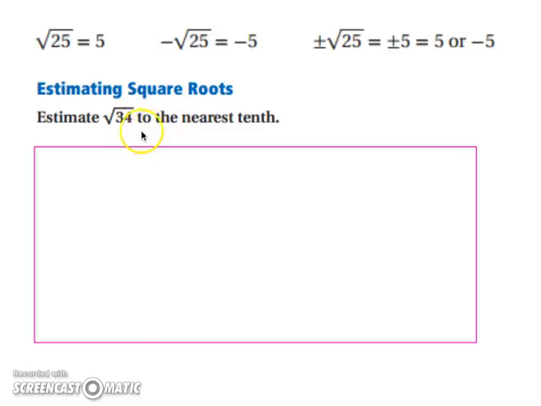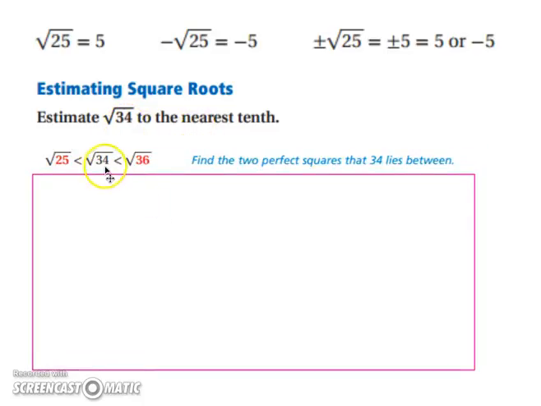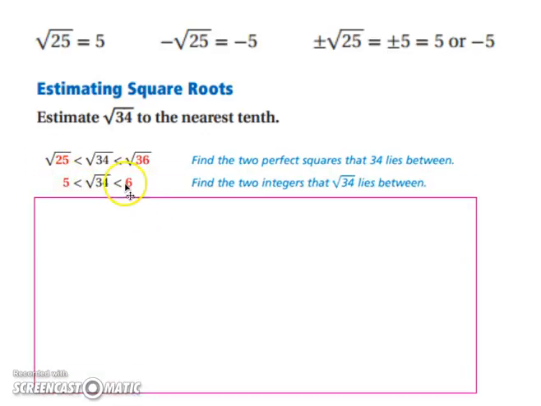Well, what's a perfect square that's smaller than 34? The square root of 25. All right, what's one that's bigger? The square root of 36. So we know we're going to fall between the square root of 25 and the square root of 36. So you know your number is going to fall between 5 and 6.